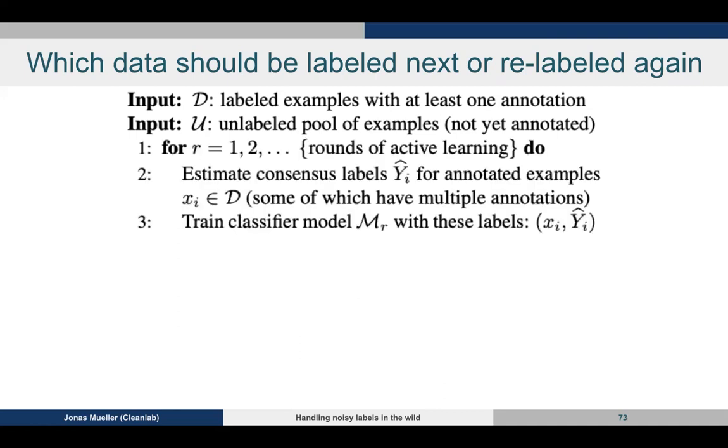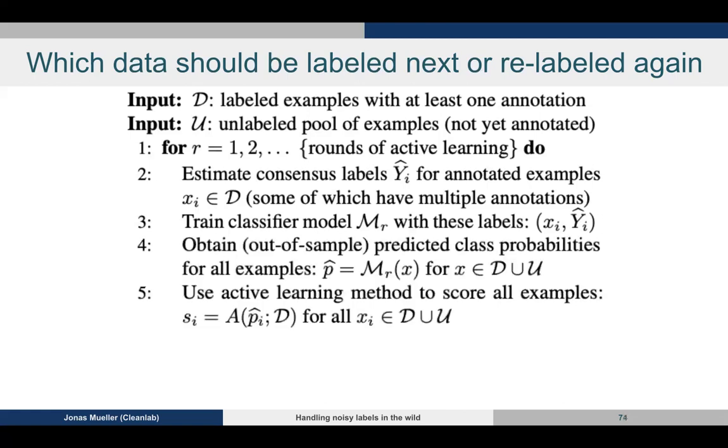And so this is just a standard active learning problem in some sense, where you're establishing consensus labels just using the CROWDLAB method I previously outlined for all your labeled data. Then you train a classifier model with those consensus labels on the labeled data. Then you get predicted probabilities for all the data points, including the unlabeled data.